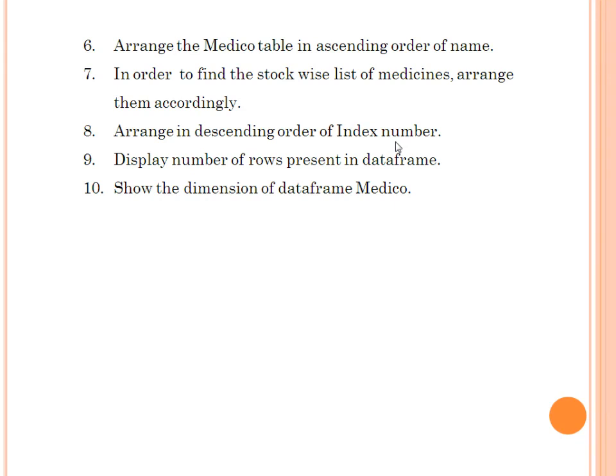So I have to arrange the table according to the stock-wise list of medicine. So stock is represented by which column? You have to think and do. Eighth, arrange in descending order of index number. Clear? Put the appropriate command for them.